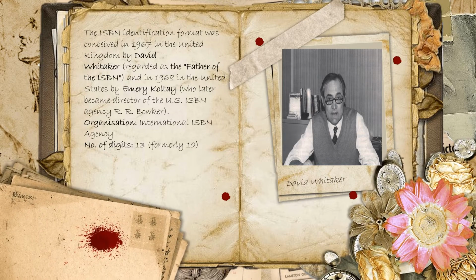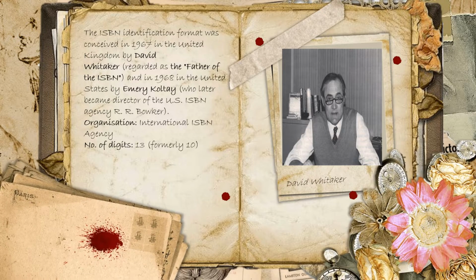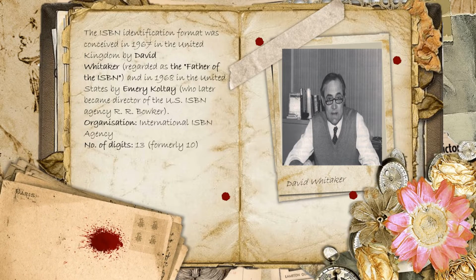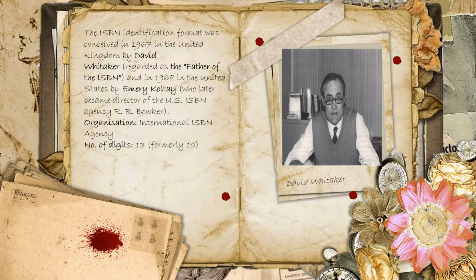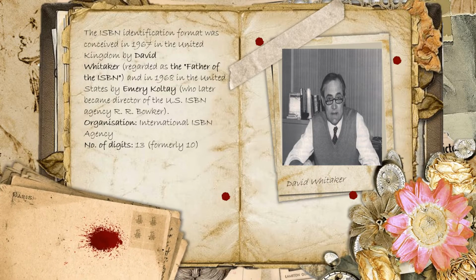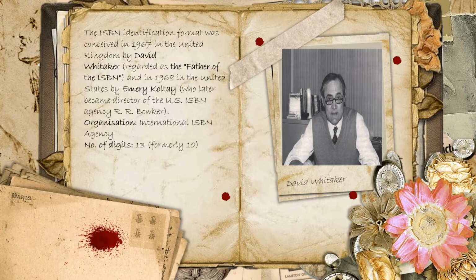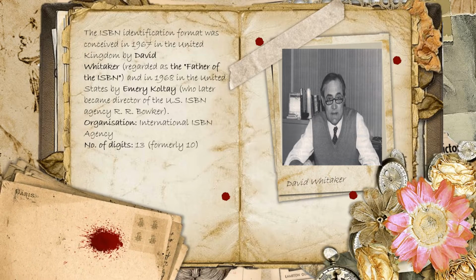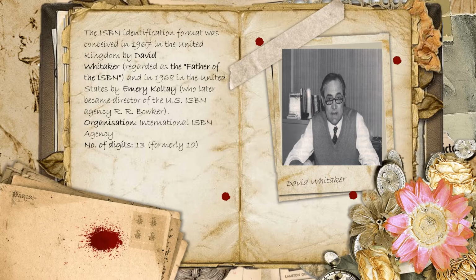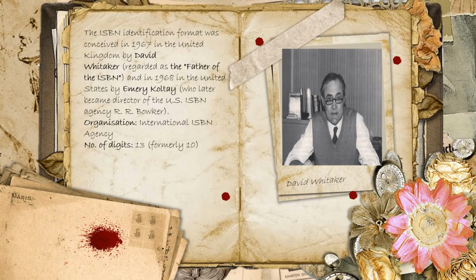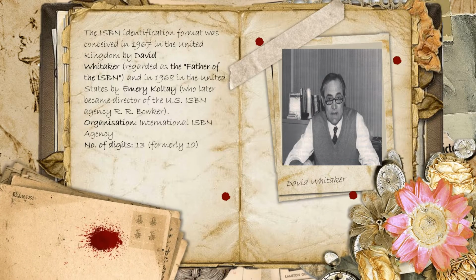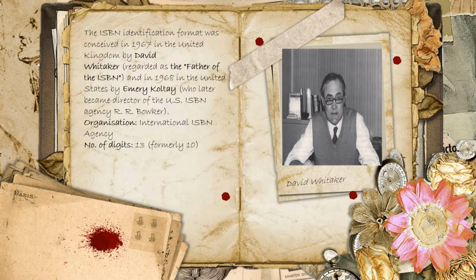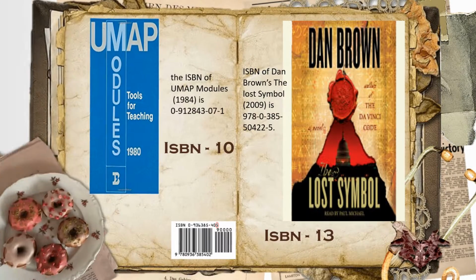And in 1968, in the United States, by Emery Colte, who later became the director of the U.S. ISBN agency, or the R.R. Bowker. The organization is what we call the International ISBN Agency, and the number of digits is 13, formerly 10.